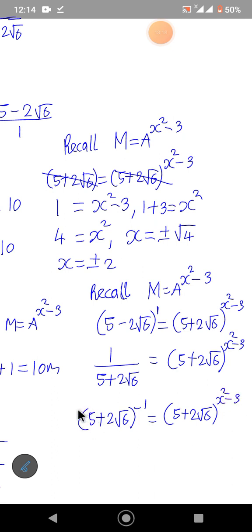Now they have the same base, so the base we cancel out. So we now have minus 1 equal to x squared minus 3.